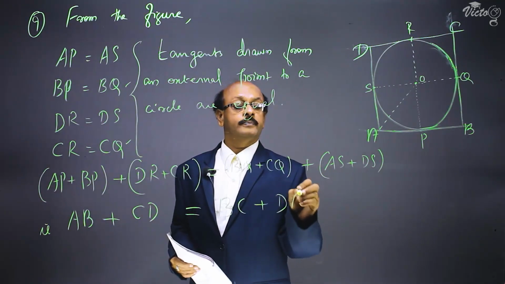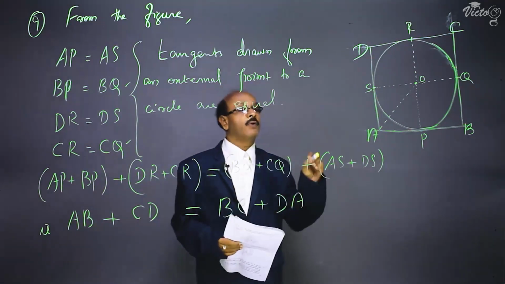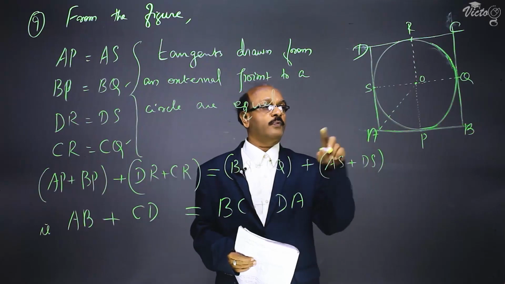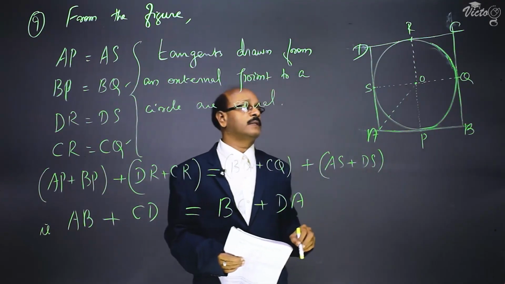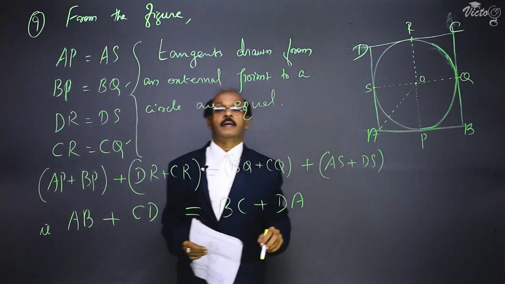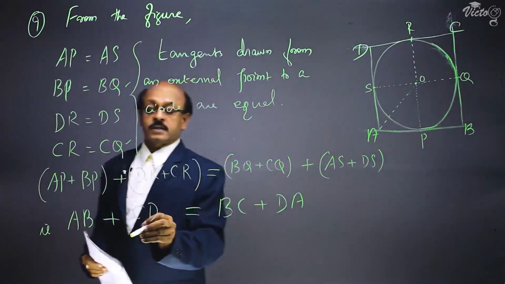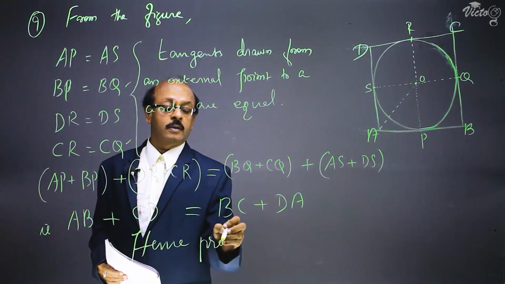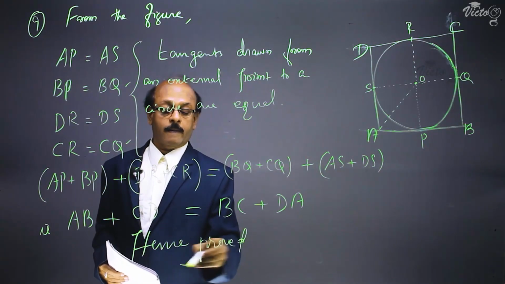That is, sum of the opposite sides AB plus CD is equal to sum of the other opposite sides AD plus BC of quadrilateral ABCD. Hence, we proved the result.